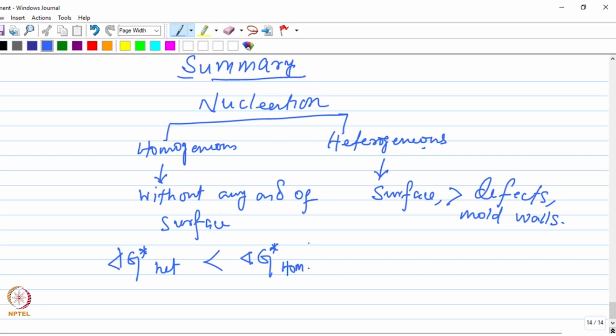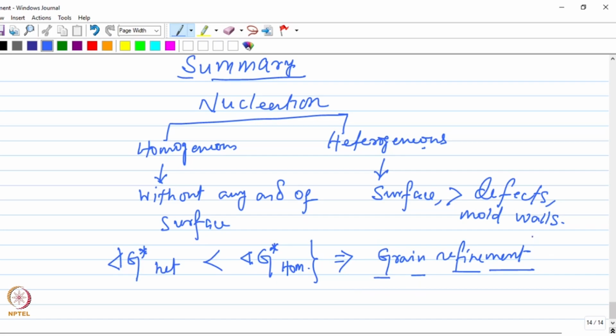and therefore you can expect a higher nucleation rate for heterogeneous nucleation, and that is what is being utilized for grain refinement, by adding certain grain refiners which can provide a surface on which heterogeneous nucleation can take place.